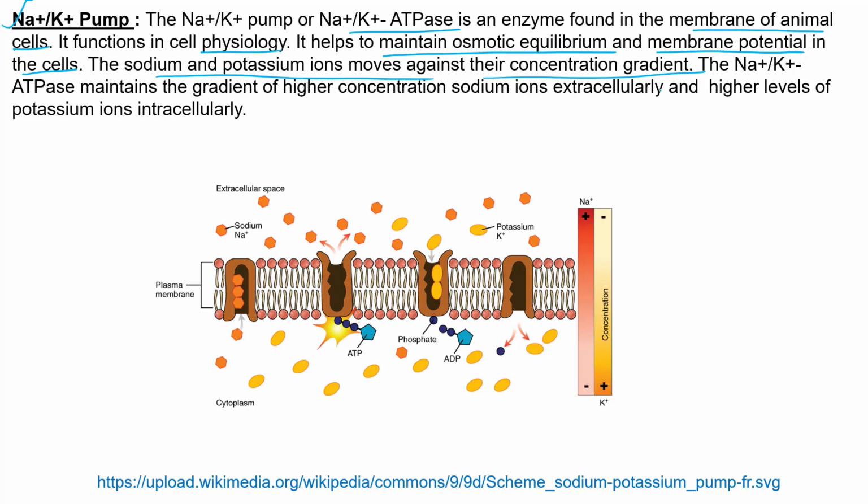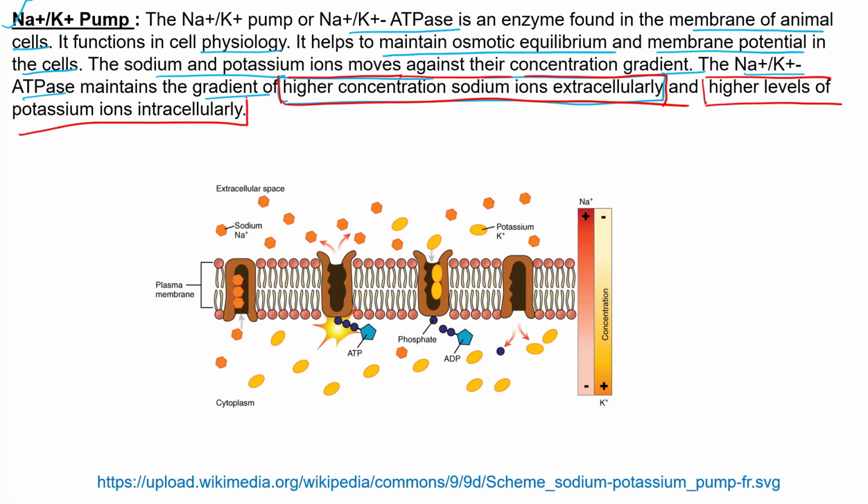Now the work of Na plus K plus ATPase, that is the sodium potassium pump, is to maintain the gradient, that is, a higher concentration of sodium ion extracellularly. This is very important. Higher concentration of Na plus ion extracellularly and higher levels of potassium ion intracellularly.